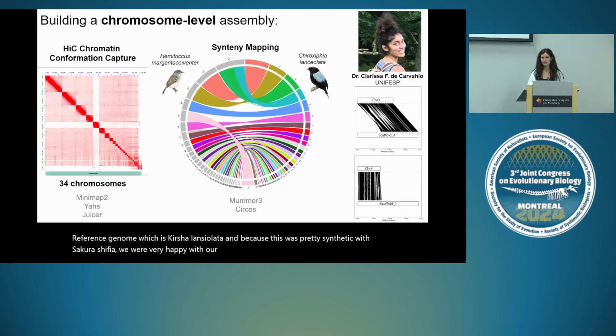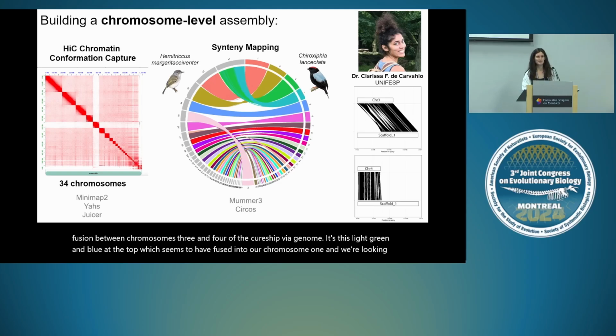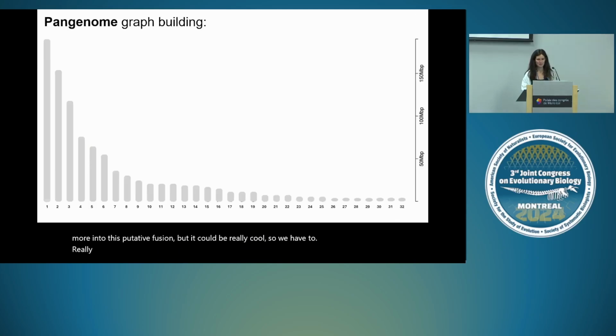But we actually found a potential fusion between chromosomes 3 and 4 of the reference genome. It's this light green and blue at the top, which seems to have fused into our chromosome 1. And we're looking more into this putative fusion, but it could be really cool. So we have to really validate this more.